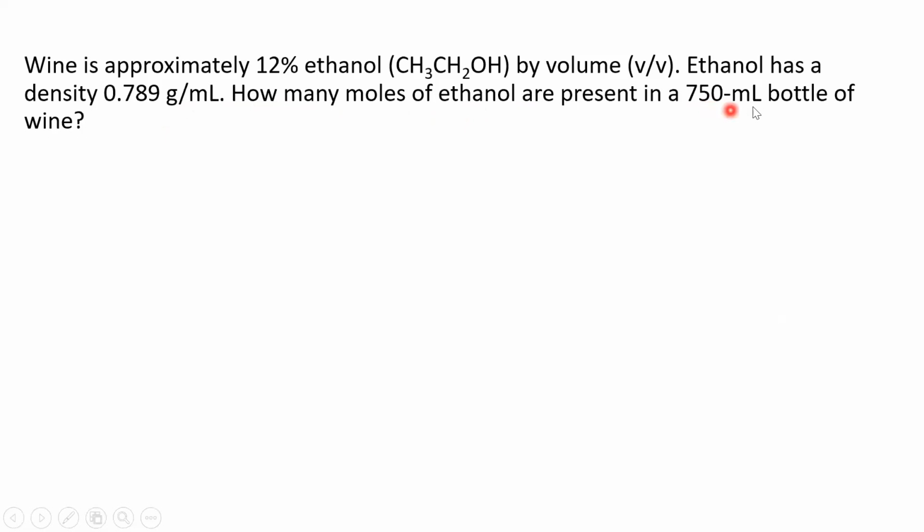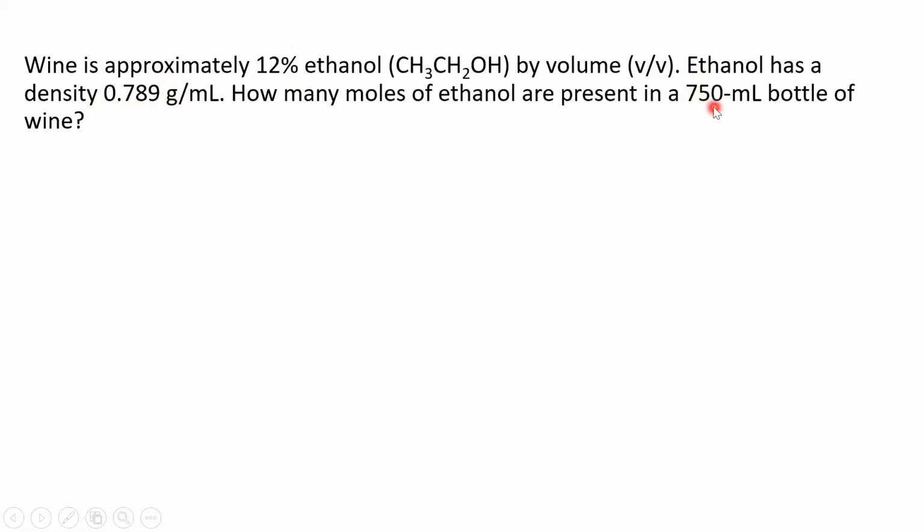So what we would do is we would start with the 750 milliliters. We're going to be using the percent by volume as a conversion factor, knowing that this means there's 12 milliliters of ethanol for every 100 milliliters of wine. And we're going to be using the density as a conversion factor, knowing that 0.789 is how many grams there are per milliliter.